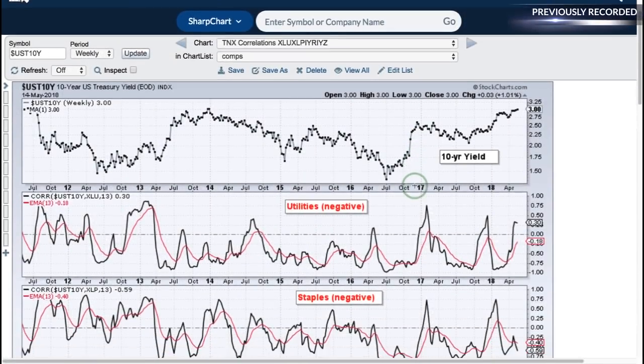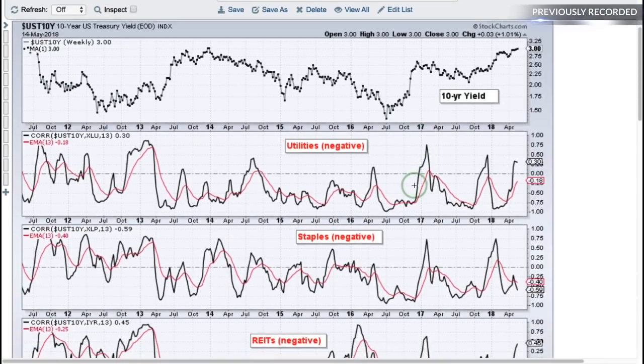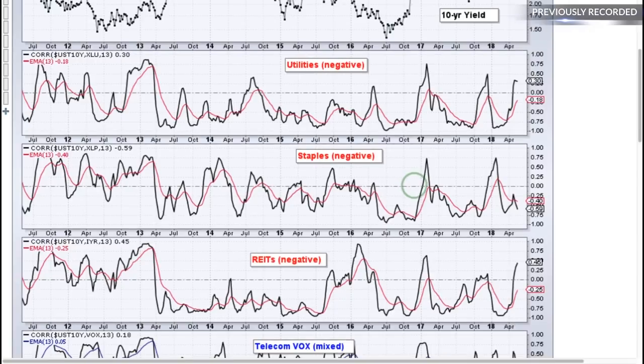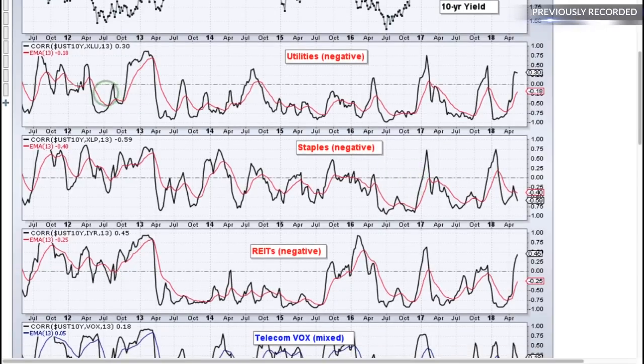So the next group I have up here would be in symbols that are negatively correlated for the most part. And you can see utilities. Now, sure, they were positive a little bit in 11 and 12 and beginning of 13. But since then, there's been a pretty strong negative correlation between utilities and Treasury yields. That means if Treasury yields rise, utilities could come under pressure.